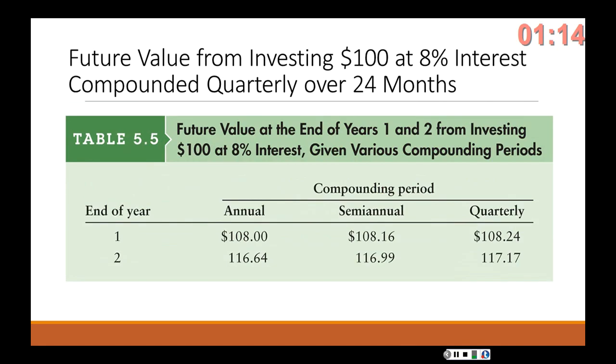So here quarterly, the interest is being added to the principal 4 times per year. And here we see that instead of the future value being $116.99, it's now $117.17. So more frequent compounding is going to cause our money to grow more quickly.